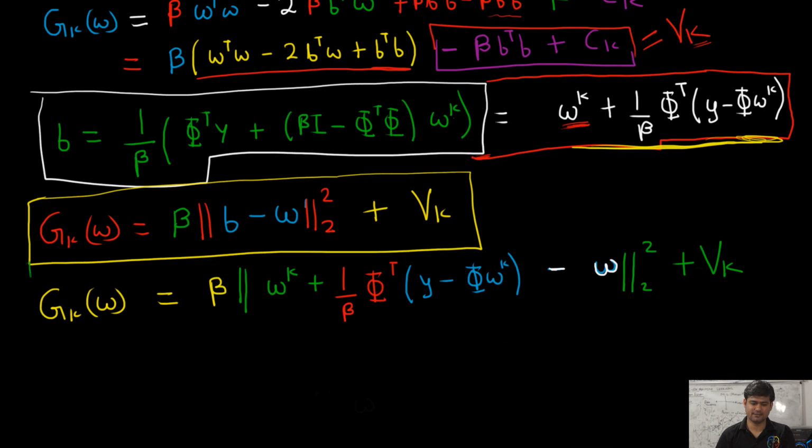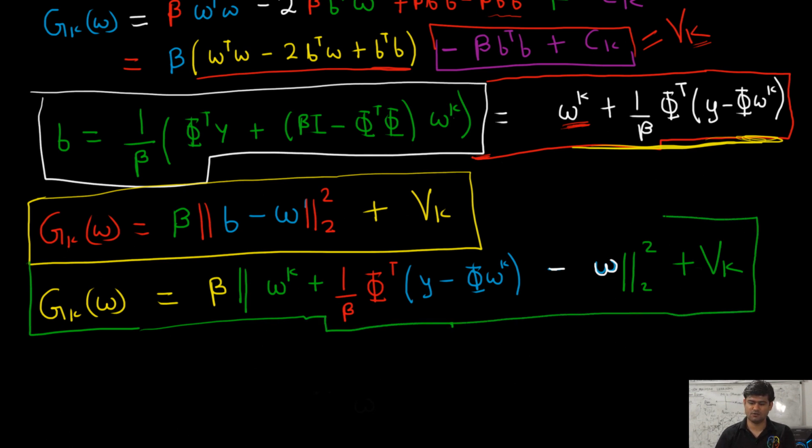So this is ultimately the function that we use to upper bound our original loss function, to minimize the first term in the original loss function for the L1 norm regularized least square.